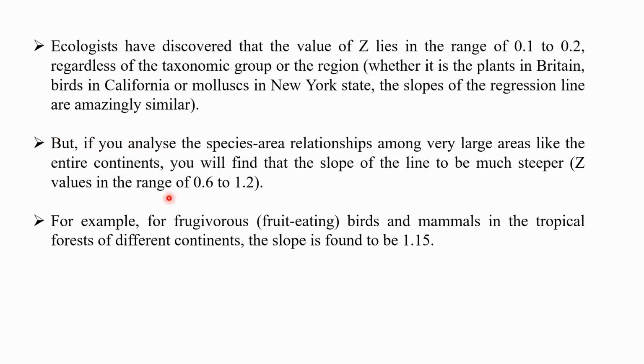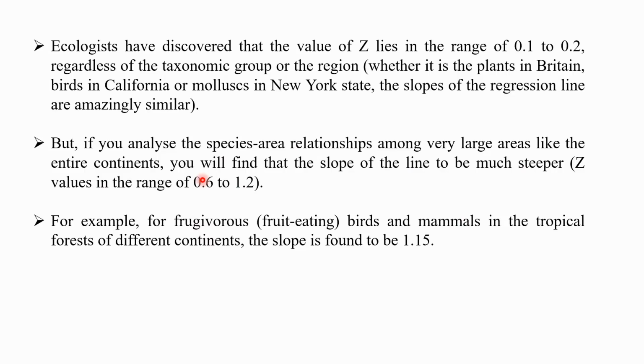But if we analyze the species area relationship among very large areas like the entire continent, we will find that the slope of the line is much steeper, and its value may range from 0.6 to 1.2. So its value increases from 0.1 to 0.2 to 0.6 to 1.2.